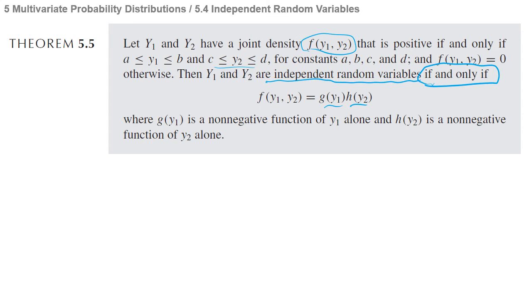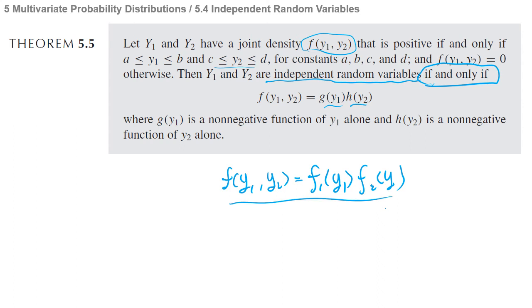In the previous theorem, y1 and y2 are independent if and only if f(y1, y2) is f1(y1) times f2(y2). If this is true, y1 and y2 are independent. But we have the weaker version.